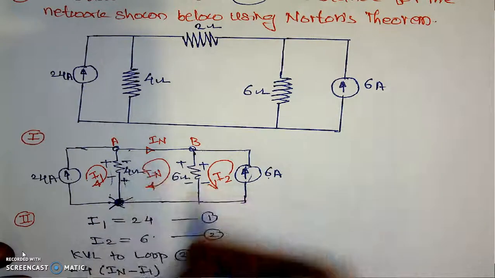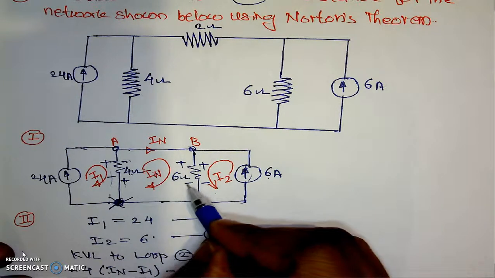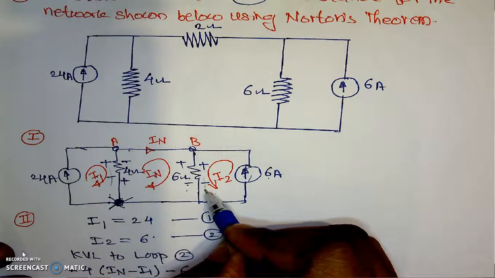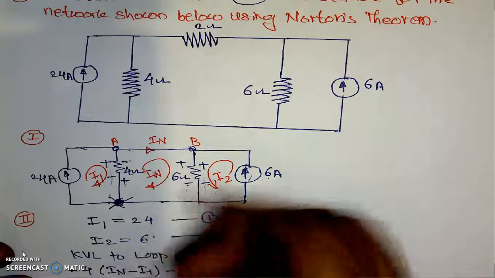Then if we are traveling something like this, positive to negative, which is minus, its resistance is 6. We are following the sign conventions of the I1. Now look at I1 is downward, I2 is also downward. That's why the resultant current must be IN plus I2. In this case, it is downward, it is downward.